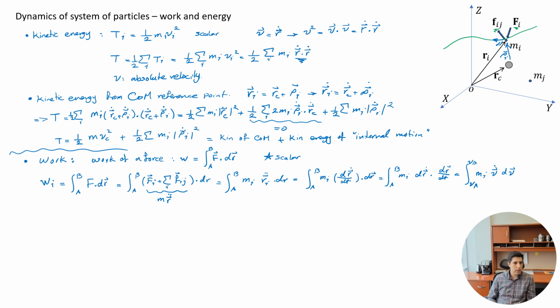And this one is finally one half m_i, V_B squared minus V_A squared, or V_B dot V_B minus V_A dot V_A.